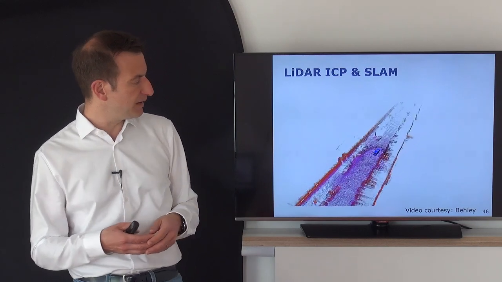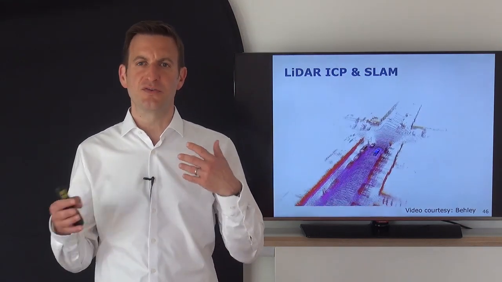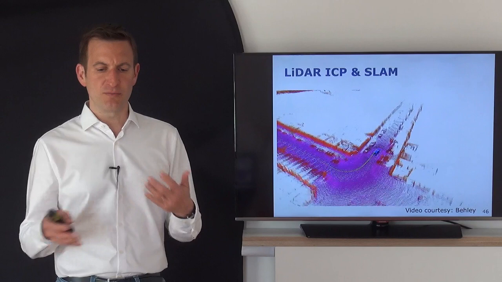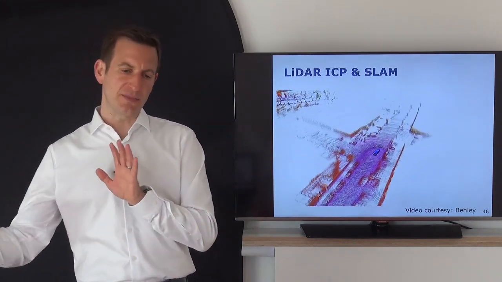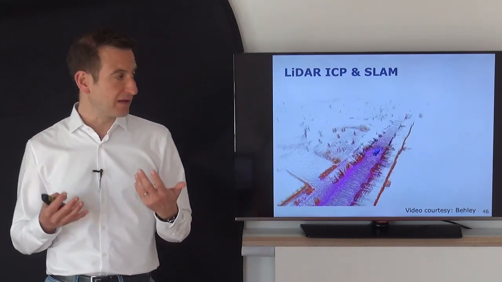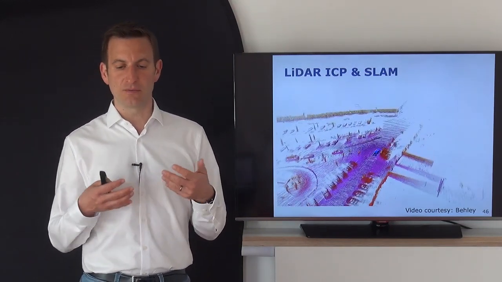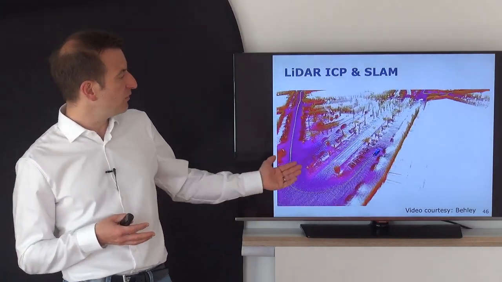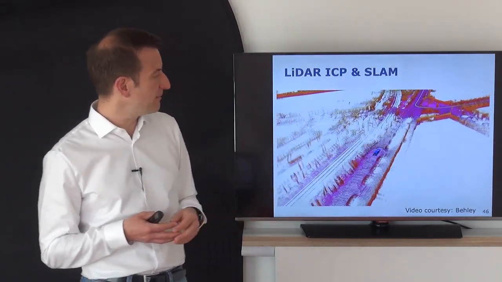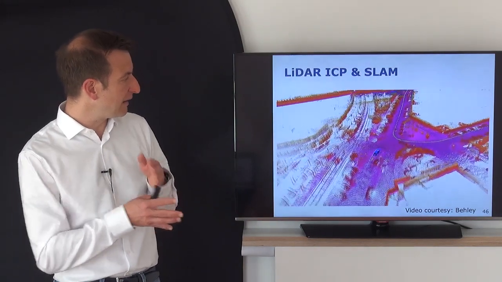It's work developed by Jens Behley, who uses surfels, surface elements, to match against the current point cloud, and uses a projection technique to project the world into a local view, a range image of the scanner, and then does the alignment using the range scanner. Now you can see the robot re-enters a known part of the terrain, and then you will see the SLAM system kicking in and doing some corrections.